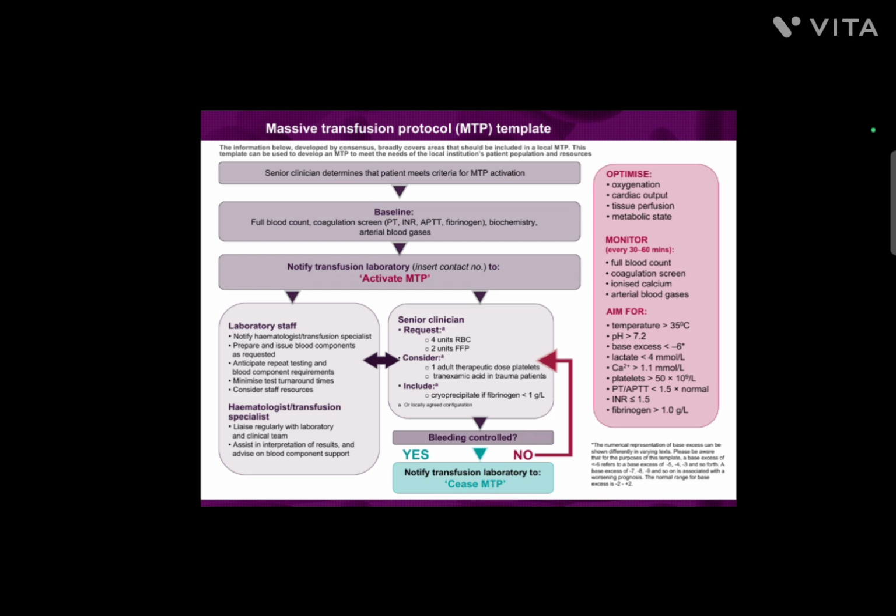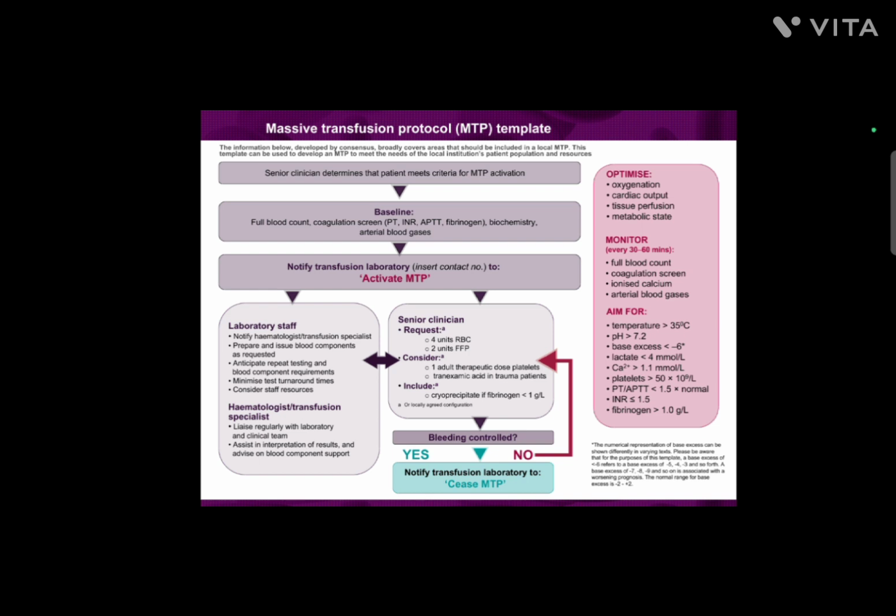We need more pints of blood, and if required, FFPs and, if needed, cryoprecipitates as per the surgeon or the multidisciplinary team's orders. The blood bank will become alert at this point.